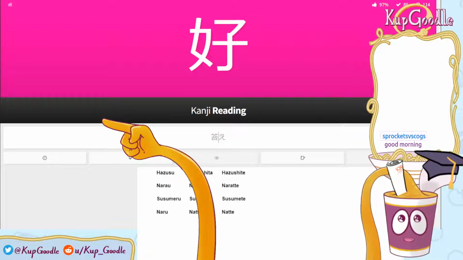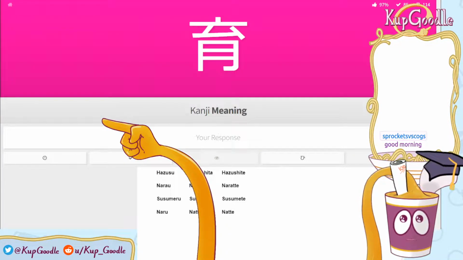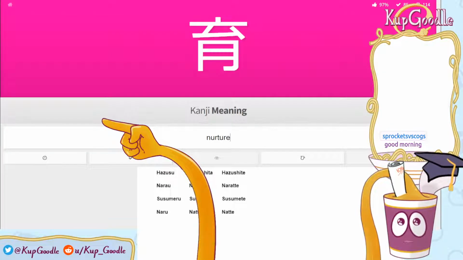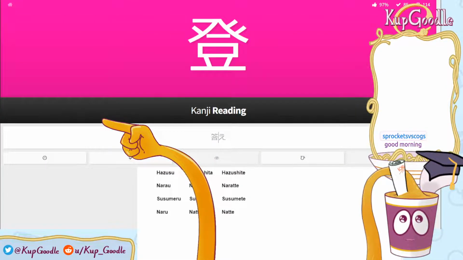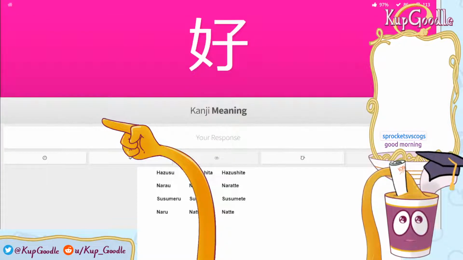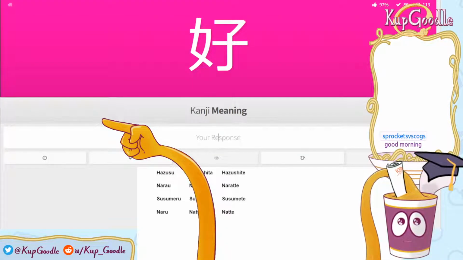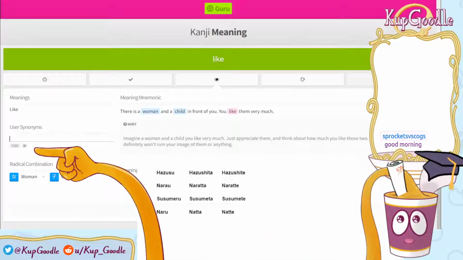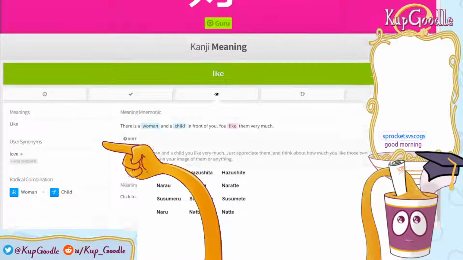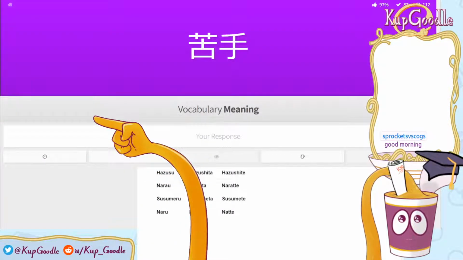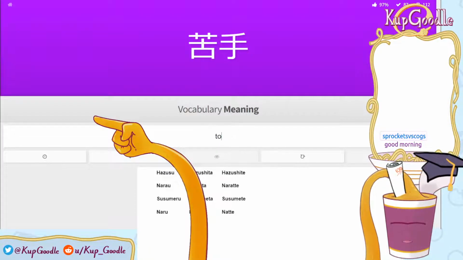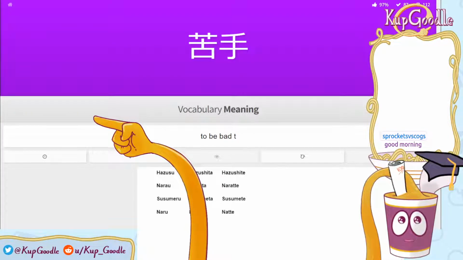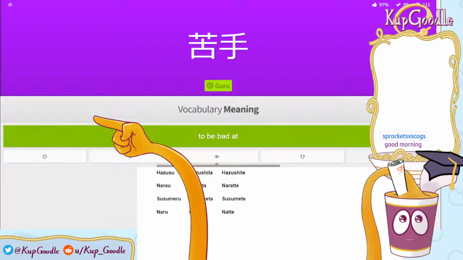Coal, ski. Soda or iku, meaning is to nurture or raise. Climb, you need to have strong toes. We all like koichi, like, love. Does it include love? Let's include love. Vocabulary meaning nigate is to be bad at. There we go.